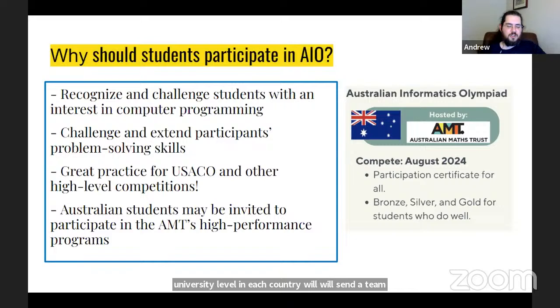So if you think about the Olympics, which are going on right now, the IOI is kind of the high school computer science version of the Olympics.